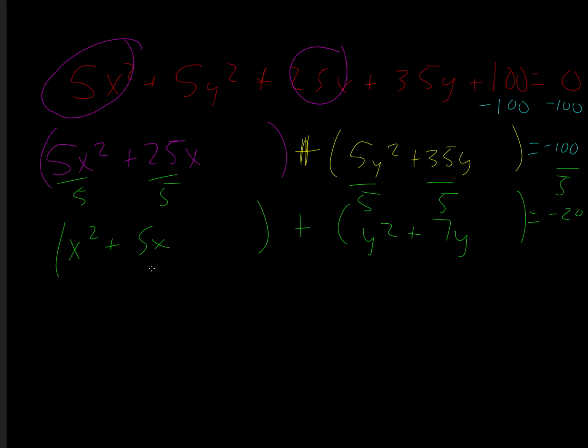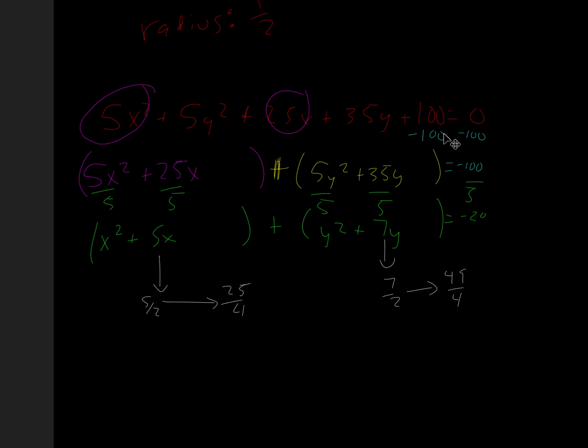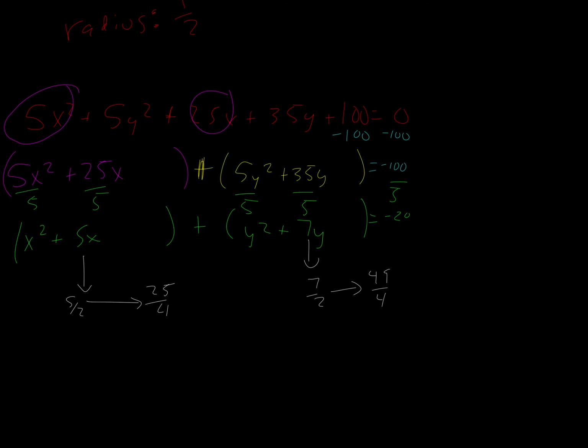Okay, now we're going to do the L step. So we divide by 2, 5 halves, square, 25 fourths. Divide by 2, 7 halves, square, 49 fourths. Leave that over there.